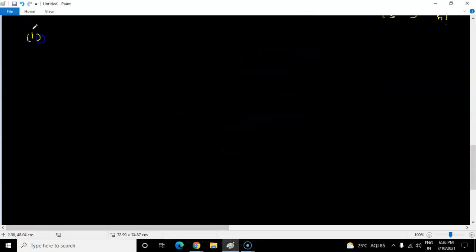So in the PDF, the first question is Laplace inverse of 5s minus 4 divided by s square plus 4. So here 5s is given, this is 5 here. So you can split this one separately, and this term separately here.